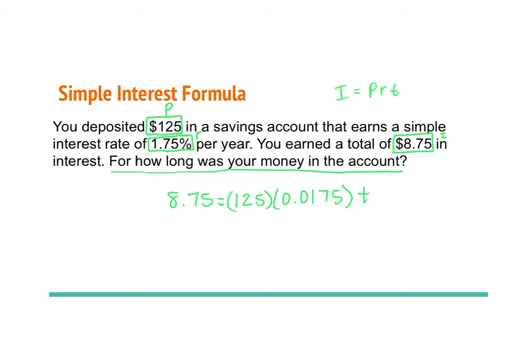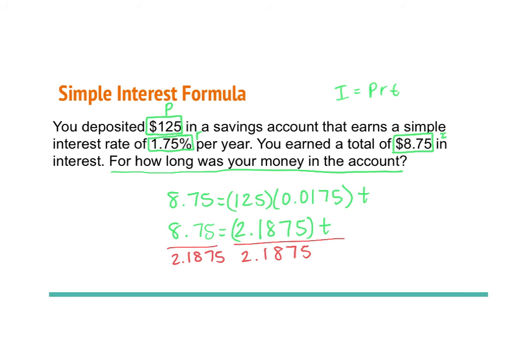Now we know how to solve this problem. So 8.75 equals 125 multiplied by 0.0175. 125 times 0.0175 is 2.1875 times the time. All we have to do is divide both sides by that decimal, 2.1875.